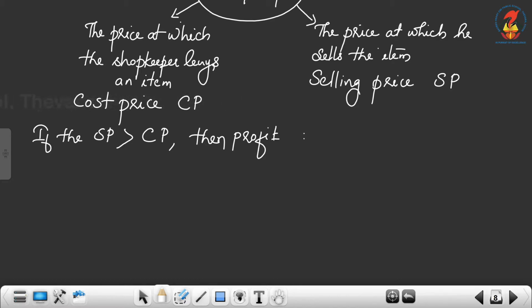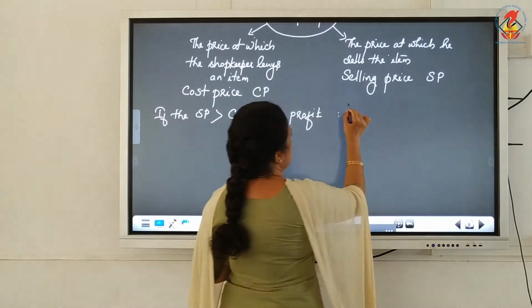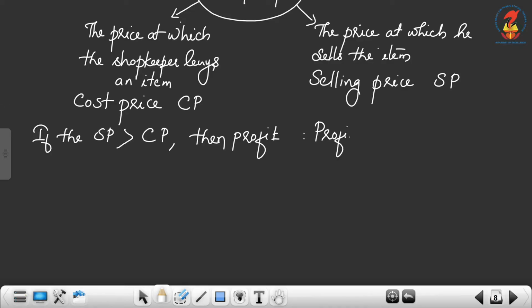Then we can find out the profit. So profit is equal to selling price minus cost price.